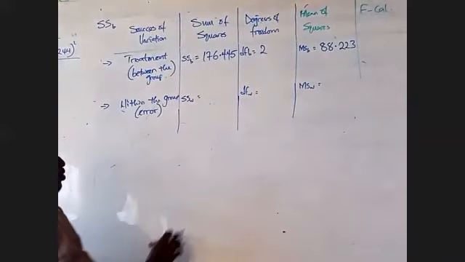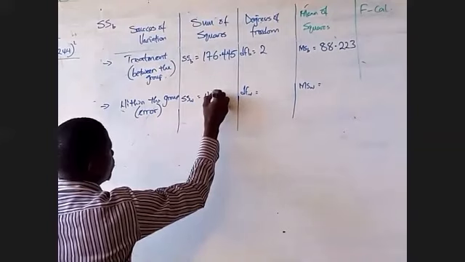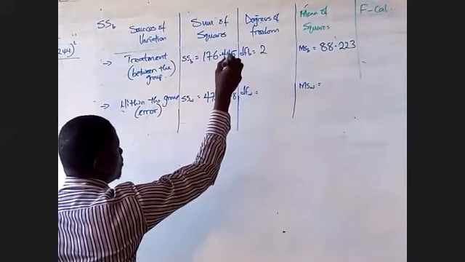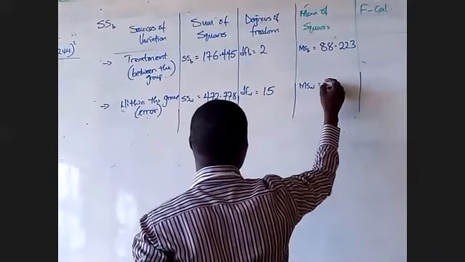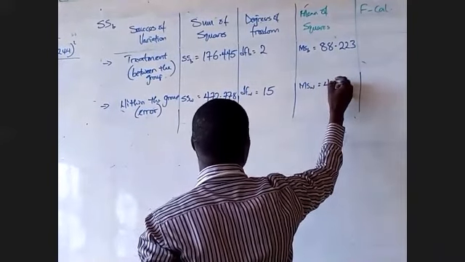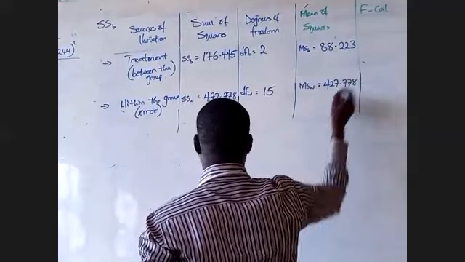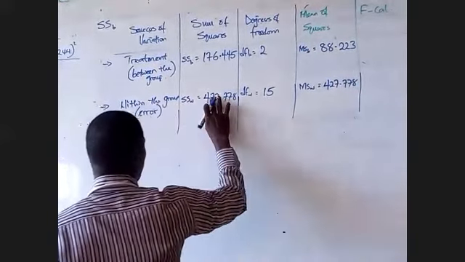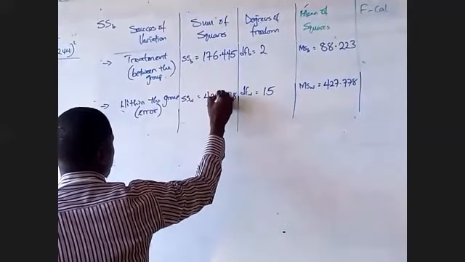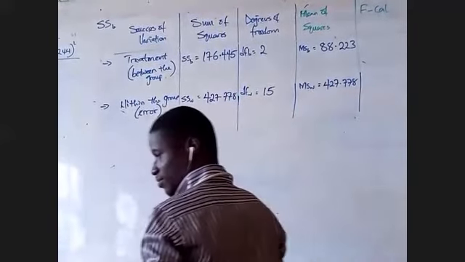What's the value for SSW? DFW and the MSW. And this one now, 28.